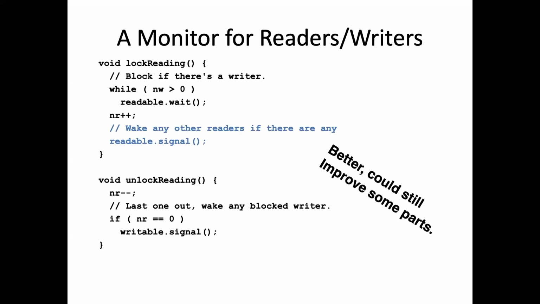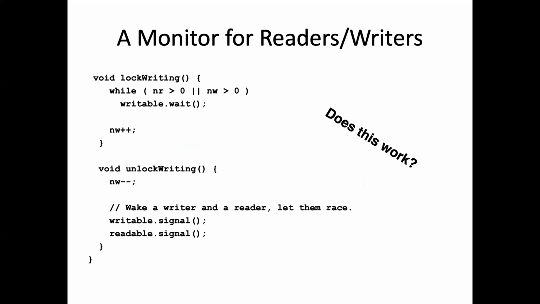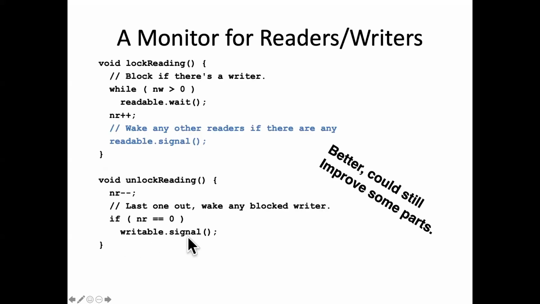If we pretend we don't have broadcast, and we said in our pseudocode we're pretending that we have to get by without broadcast, and some of that is because it's usually really easy to get by without broadcast. We already saw the trick for doing this. When we signal a reader here, that will wake up just one reader, but we could change the lock for reading function so that every reader just wakes up any other reader that might be waiting behind them in line.